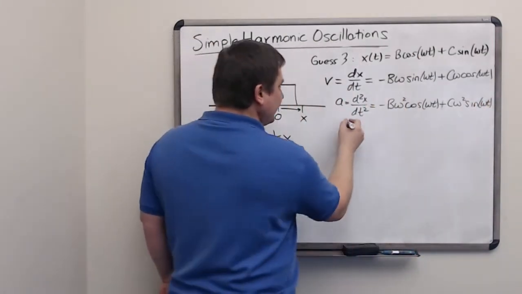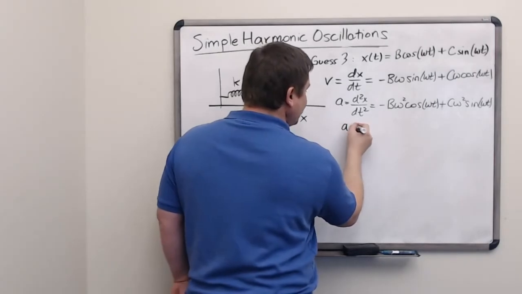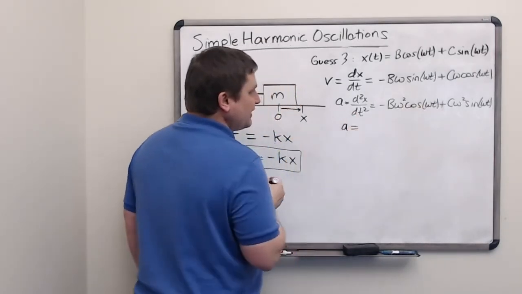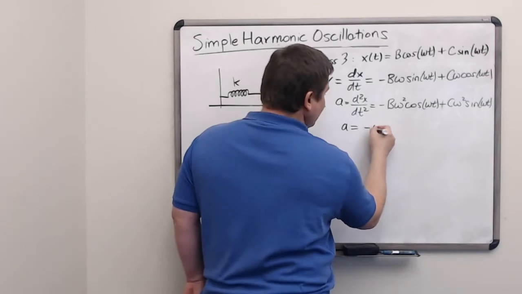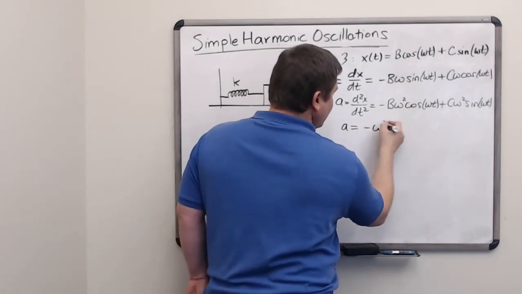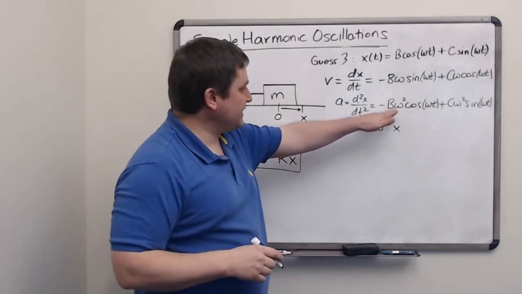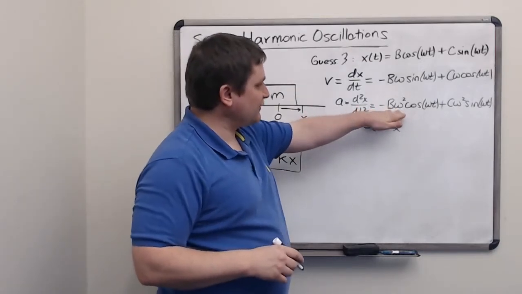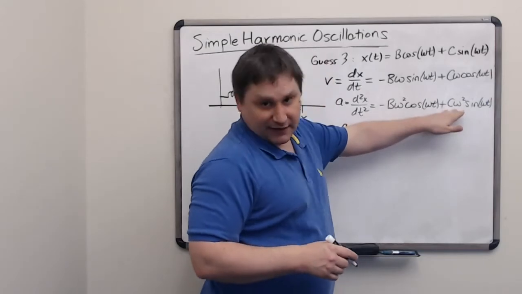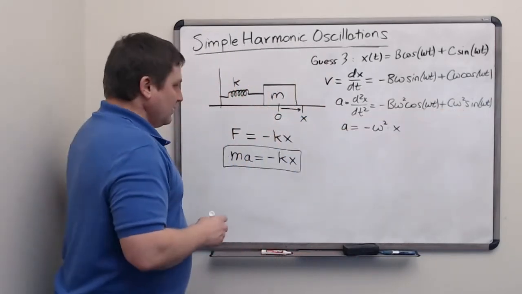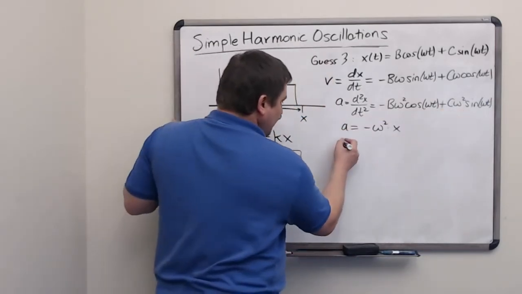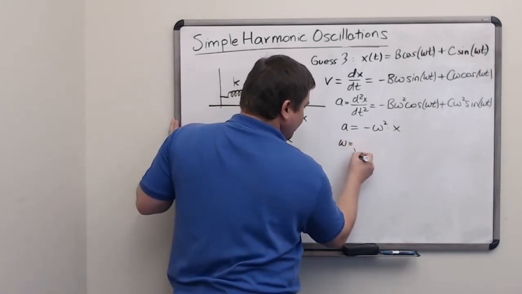All right, so it's clear again in this scenario, because of our use of sinusoidal functions, that we basically have minus omega squared times the x function again. Look, right? B cosine times minus omega squared. C sine times minus omega squared. So that means we'll get the same formula for omega that we got before.